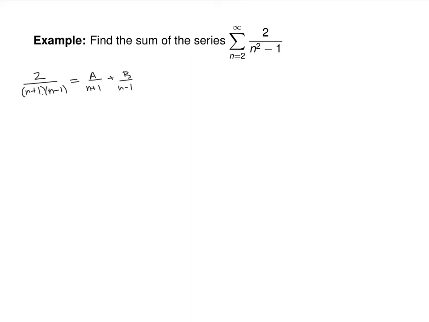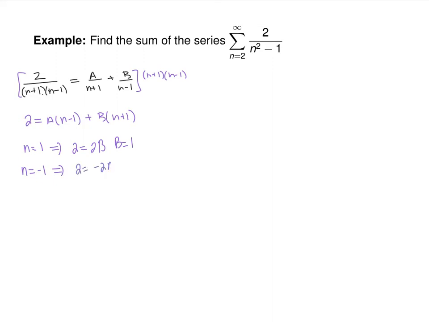Now we multiply by n plus 1 times n minus 1, which gives us 2 equals a times n minus 1 plus b times n plus 1. When you input n equals 1, you get that 2 equals 2b, therefore b will equal 1. And when you input n equals negative 1, you get that 2 equals negative 2a, and therefore a is negative 1.